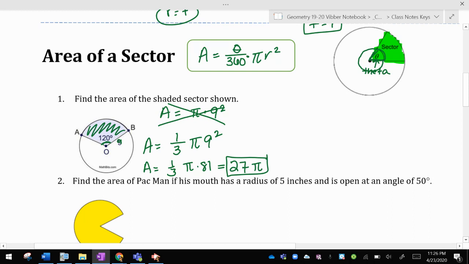Now that was nice because 120 fits into 360 really nicely. It's a third. But if you want to see the algebra on that, it's theta over 360 times pi r squared, which in that case is 120 over 360 times pi times 9 squared.